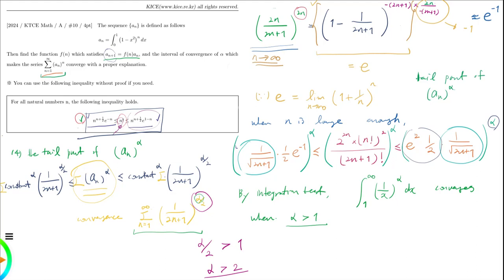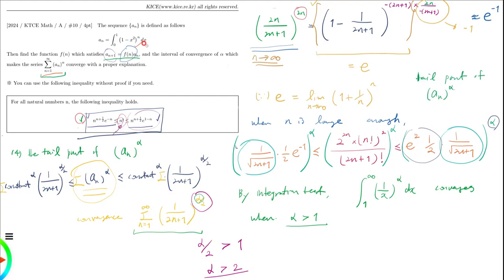Okay, so let me wrap up this problem. On this problem, we have two parts. The first part is to figure out its recursive formula, which is a specific function of n, f of n.